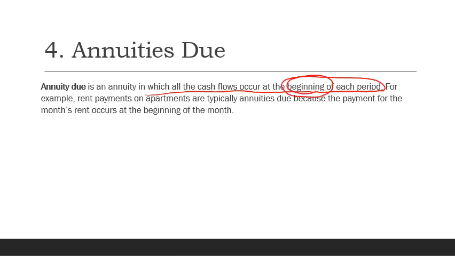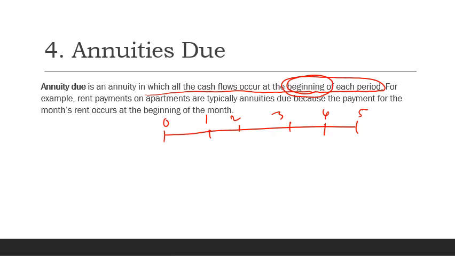For example, rent payment. So annuity due is where the payment takes place at the beginning of the period.